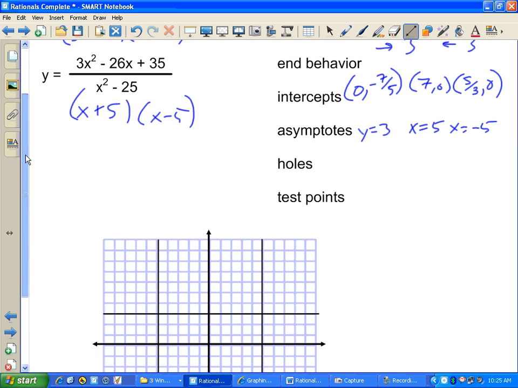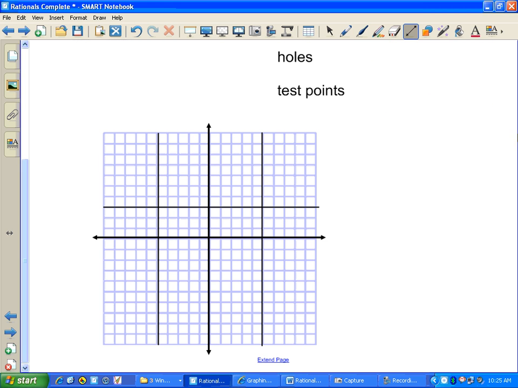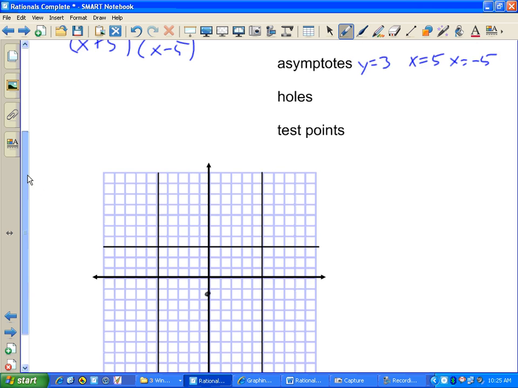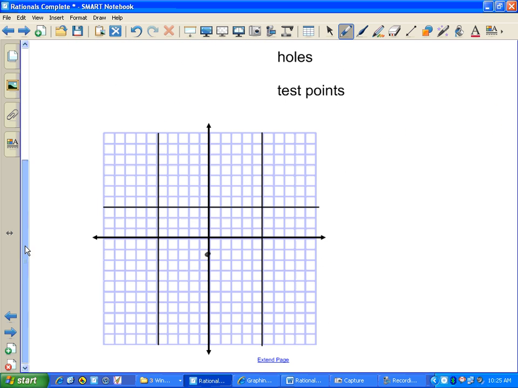I've got a y-intercept at negative 7/5, which is negative 1.4. So I'll put a dot there. Negative 1.4. I've got x-intercepts at 7 and 5/3.